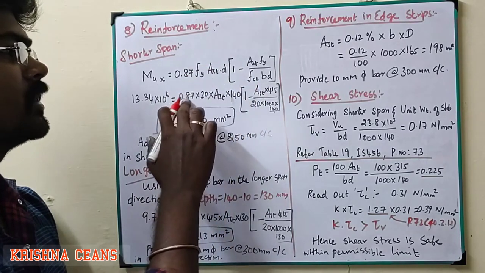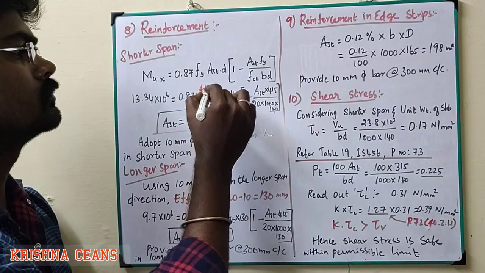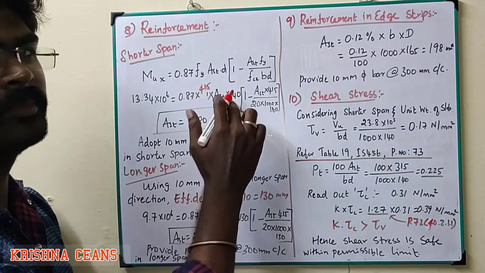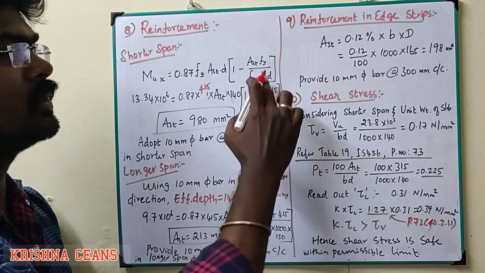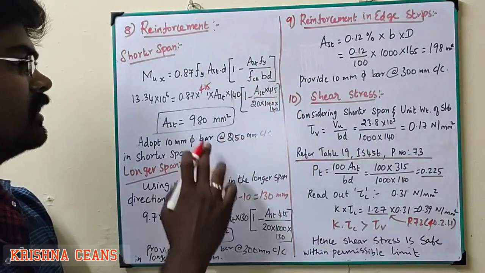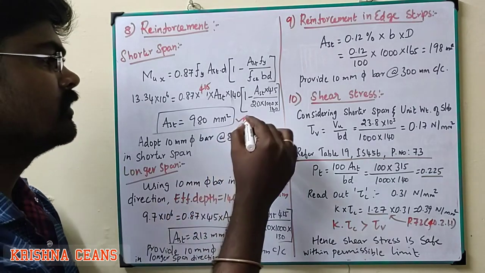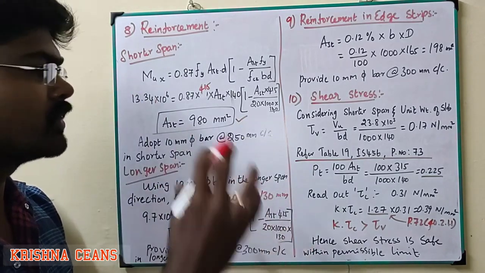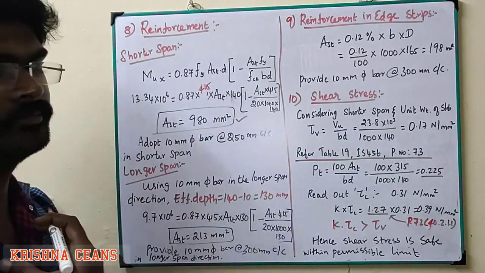Then apply the formula: 0.87 into fy, which is 415, Ast, into effective depth 140, into 1 minus Ast into 415 over fck 20, b is 1000, d is 140. We got 980 mm square. So we need to provide the reinforcement for this Ast for the shorter span.